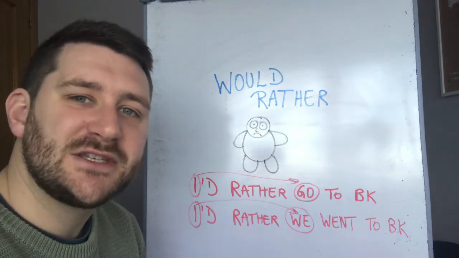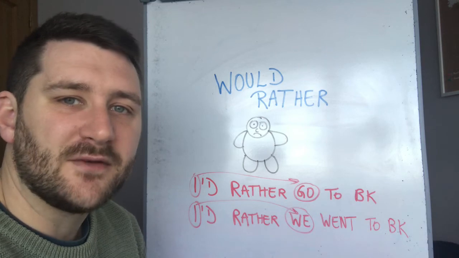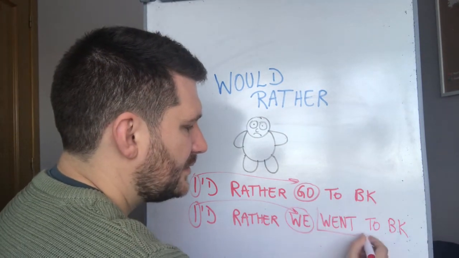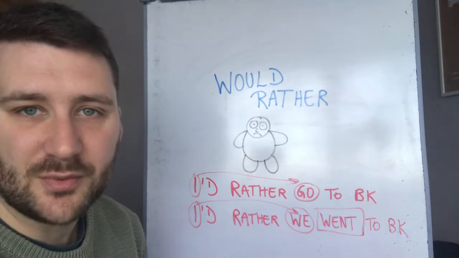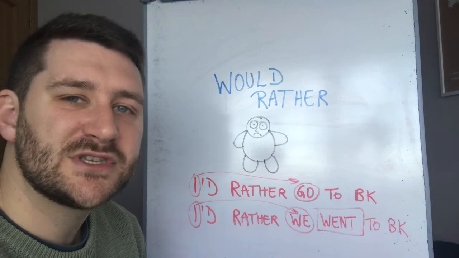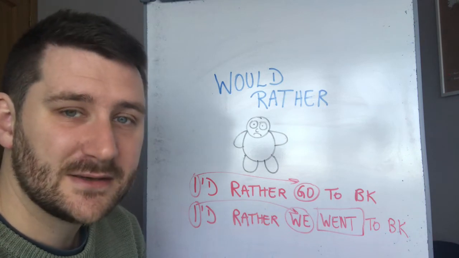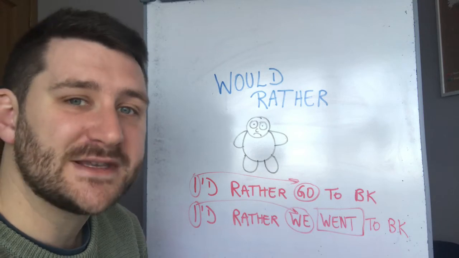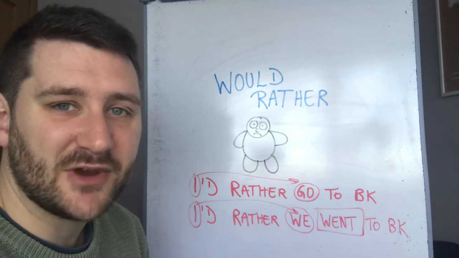If the subject changes, then the verb backshifts, okay? So I'd rather we went to Burger King, okay? So in this case, very, very important, subject changes, verb backshifts, okay? So this is a present preference that he's expressing.